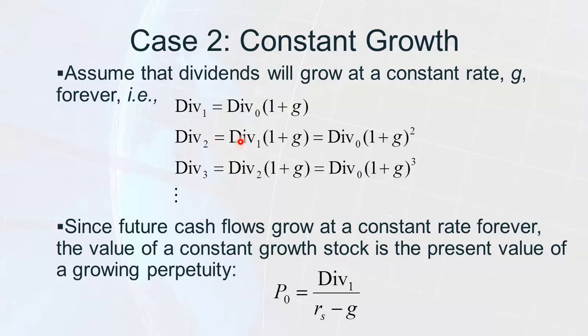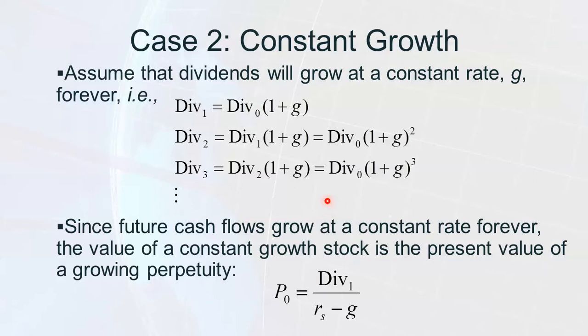Dividend 2 equals dividend 1 times the growth rate, or you can do dividend 0 times (1 plus g) squared. Your dividend 3 is going to be your dividend 2 times (1 plus g). So your dividend n equals dividend n minus 1 times (1 plus g).